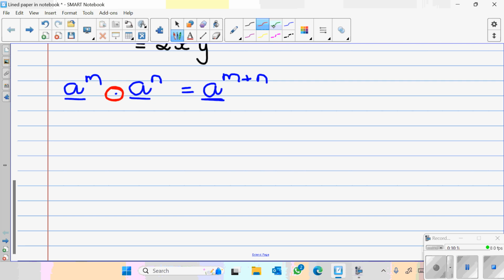And the second law stated that a to the power m divided by a to the power of n is equal to a to the power of m minus n. And this is, once again, the ground numbers stay the same throughout, and my exponents are subtracted.